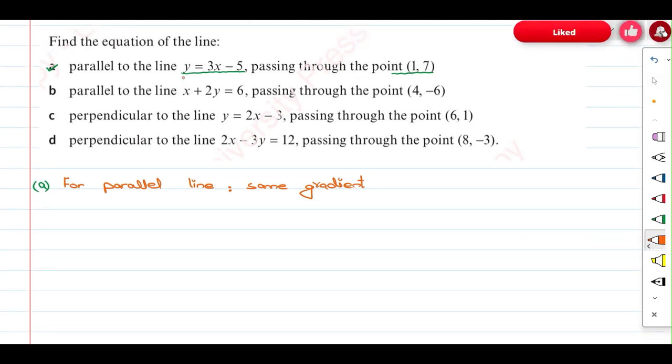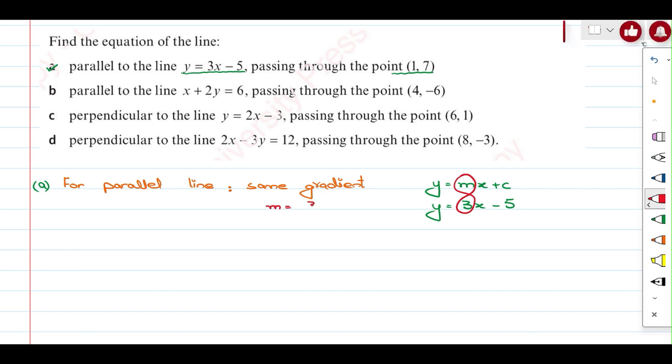We have the line y equals 3x minus 5. If I have a line y equals mx plus c, and y equals 3x minus 5, what is the gradient in this case? The gradient is the m value, which equals 3. So your m equals 3 for the parallel line. If that line were perpendicular, then you would take the negative reciprocal of 3.